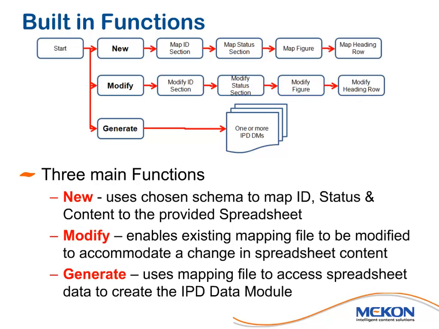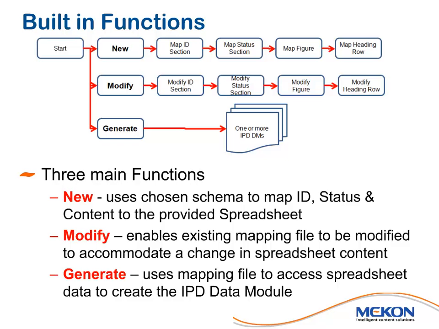You can see here the flow diagram of the functions which are provided. If we go through it quickly, the new function enables you to map the ID section, followed by the status section, then the figure, and then the heading row of the actual data of the IPD.